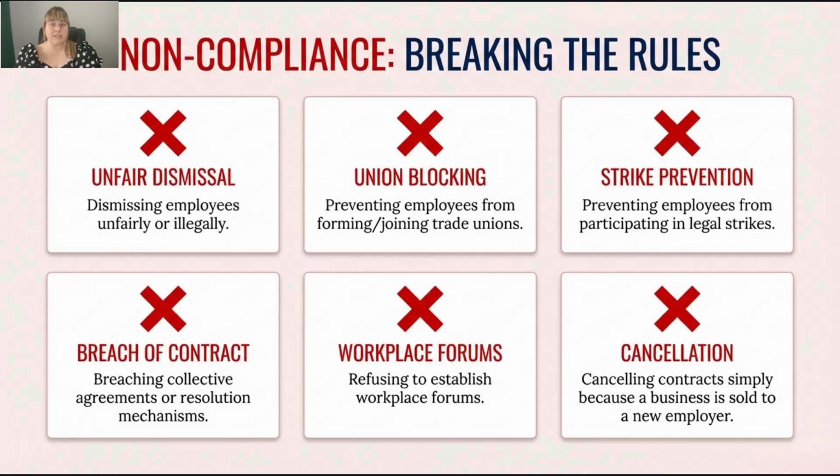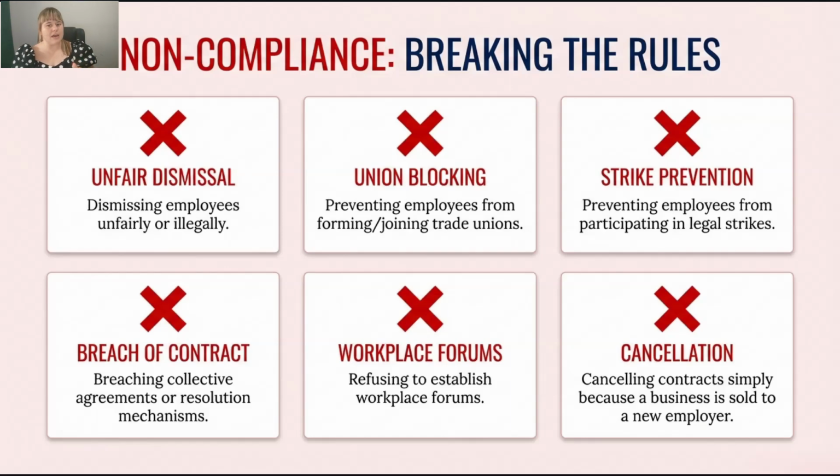So then non-compliance, breaking the rules. We have unfair dismissal, like we've discussed. If you're not compliant, you are dismissing employees unfairly and illegally. Union blocking: you're preventing them from joining trade unions. Did you see the right of employees? The right of an employee was to join a trade union.